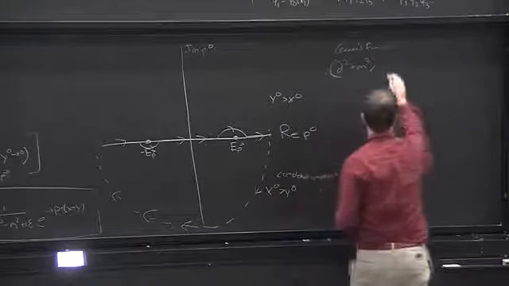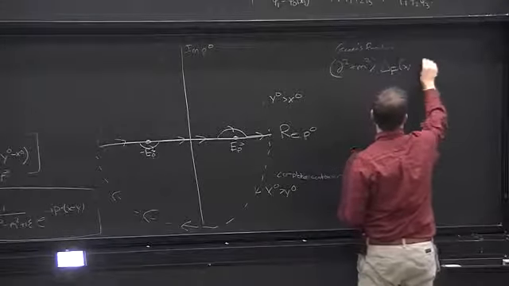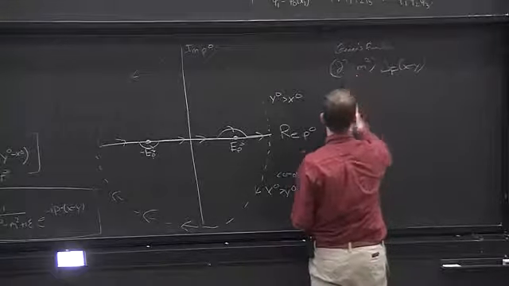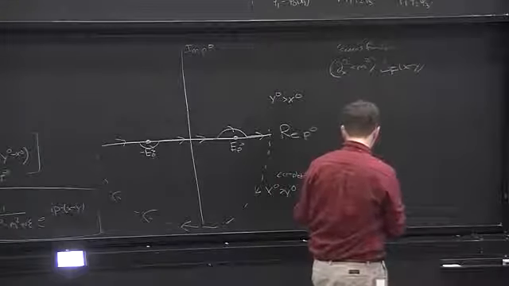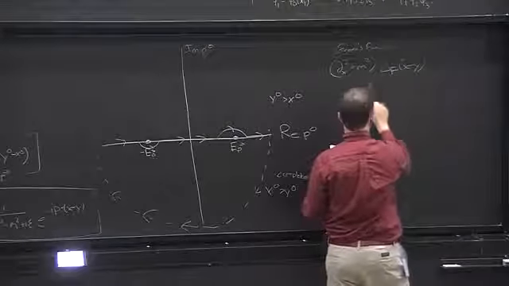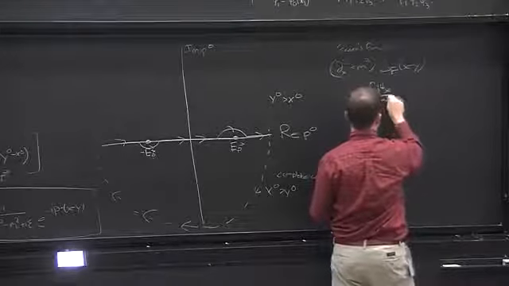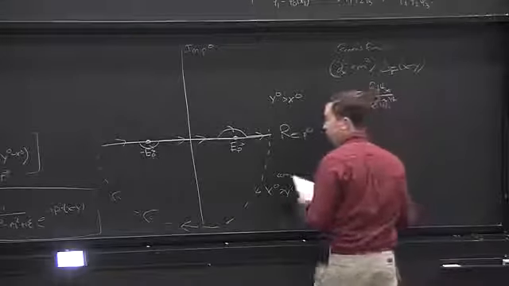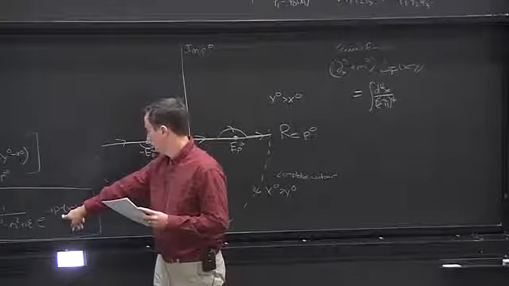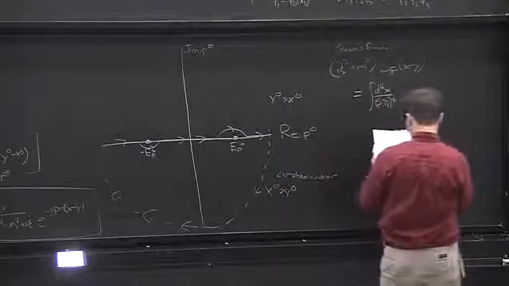If we act with the Klein-Gordon operator on the Feynman propagator, with derivatives with respect to x, we just bring down a factor of minus p squared from the x derivatives.